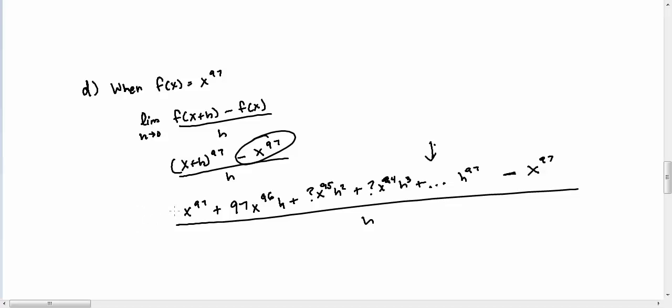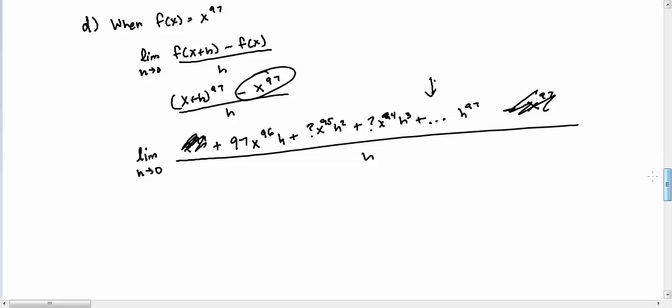Now, can I simplify this? Yes. This and that get killed. Can I simplify this more before I take my limit as h goes to 0? Yes, you can take out an h. Now this h gets killed by that h. And over here, all the h's go down by 1 power.